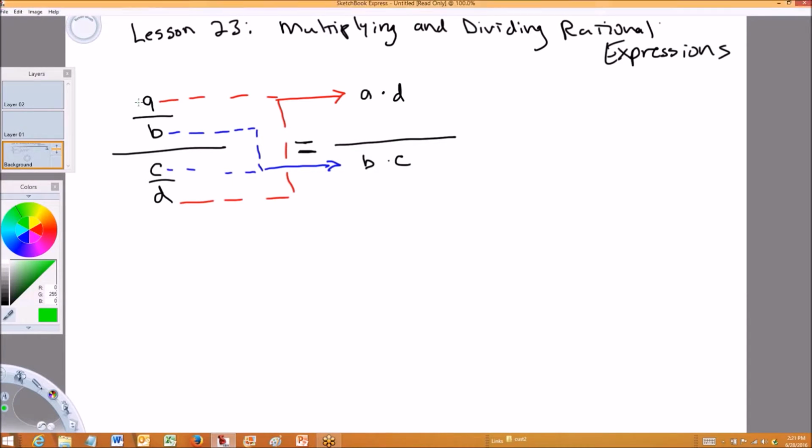Another way to look at it is you take your outside terms, multiply them, they go in the numerator, and your inside terms, multiply them, they go in the denominator.